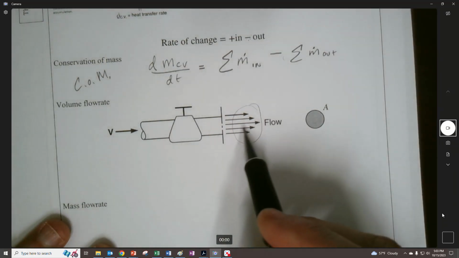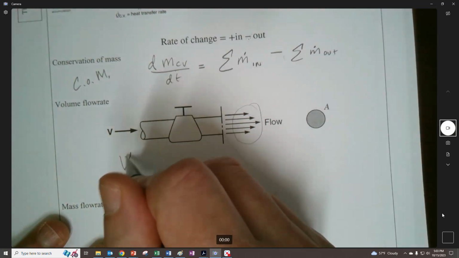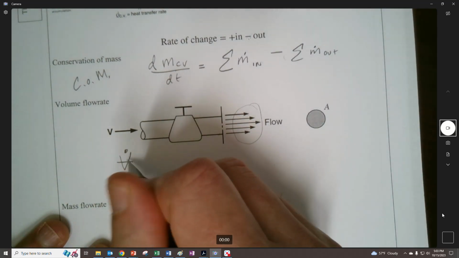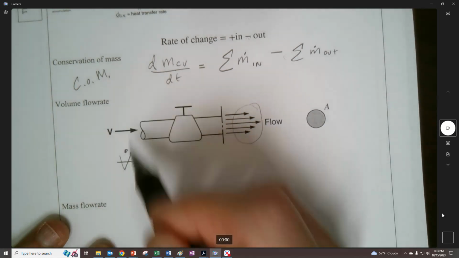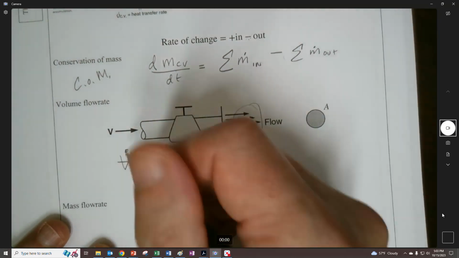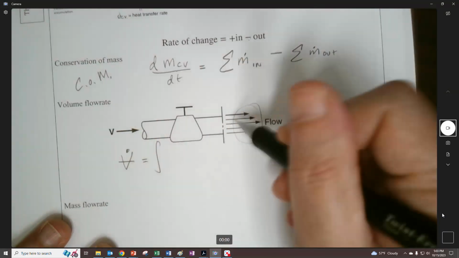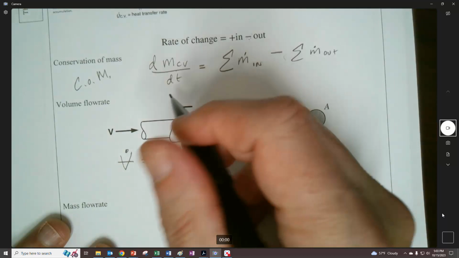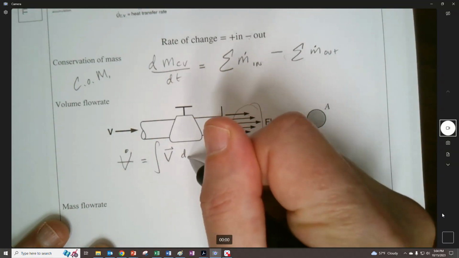So quite often what we'll do is we'll use an average right there. So a volume flow rate, which I'm going to denote with the naval architecture volume symbol with the cross through it to distinguish it from the velocity, we could find that by taking the integral across the area for individual little tiny areas.